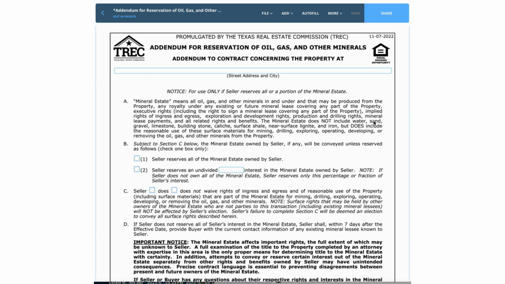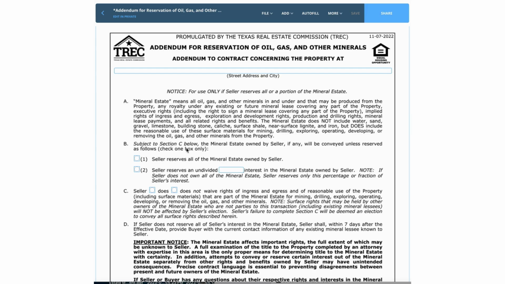Production and drill, mineral lease payments, and all related rights and benefits. The mineral estates do not include water, sand, gravel, limestone, building stone, caliche, surface shale, near-surface lignite, and iron, but does include the reasonable use of the surface materials for mining, drilling, exploring, operating, developing, or removing the oil, gas, or other mineral rights from the property.